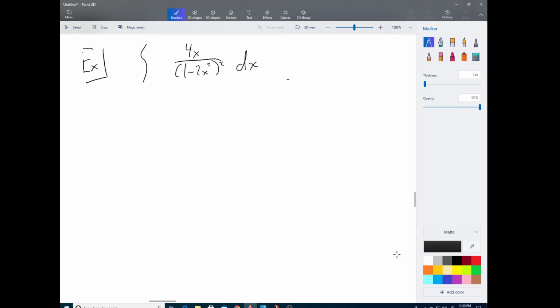Alright, on this one, it is always a good rule of thumb. Now, of course, the parentheses on the bottom kind of give it away what I want. But in general, it actually is a good rule of thumb to pick what's in the denominator to be your u in most problems instead of your numerator. This one's a little more obvious, especially since the derivative of u with respect to x is negative 4x.